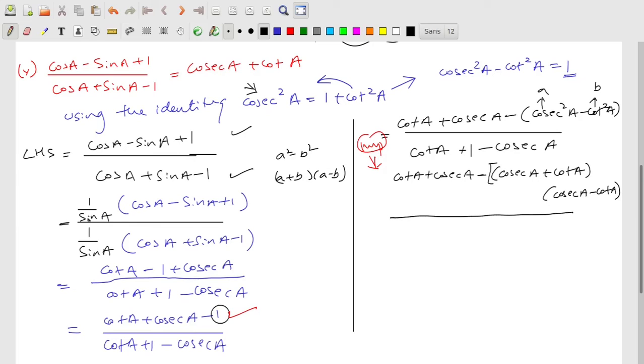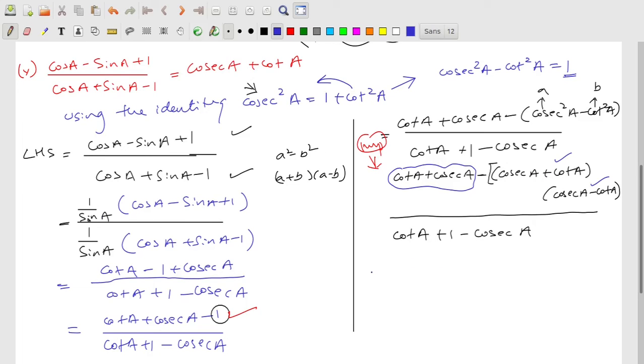Next, whole divided by the same denominator, cot A plus 1 minus cosecant A, right? Now see here, we have cot A plus cosecant A in the first term, and in the second we have the product of these two. So we have the same cosecant A plus cot A in the second term. So I will take this as common.